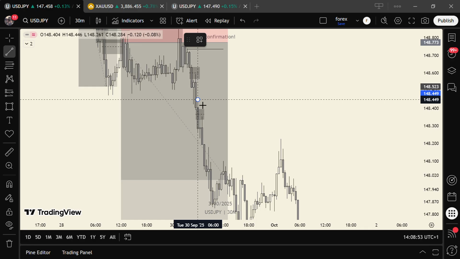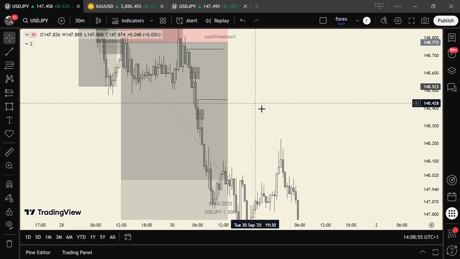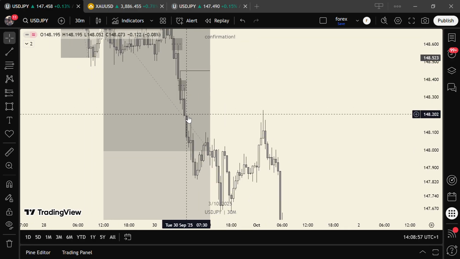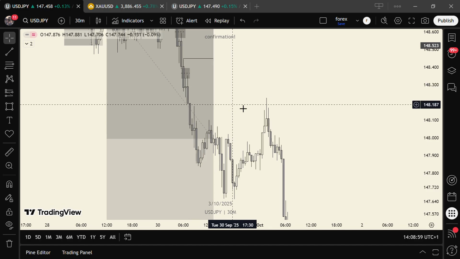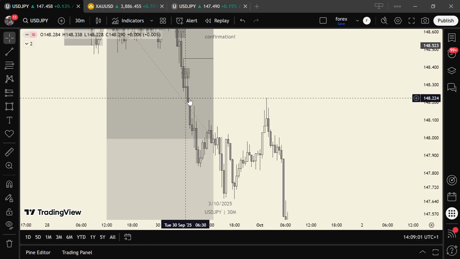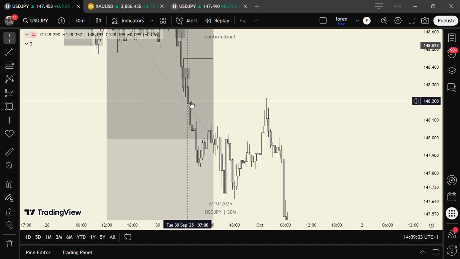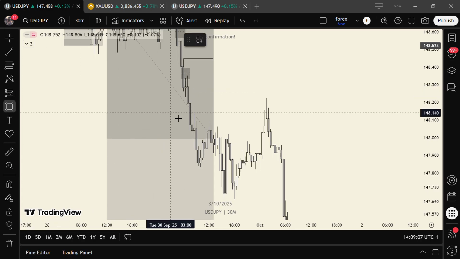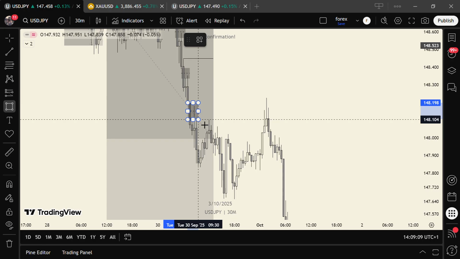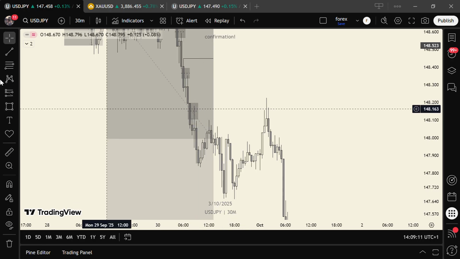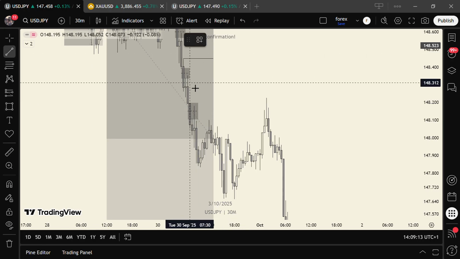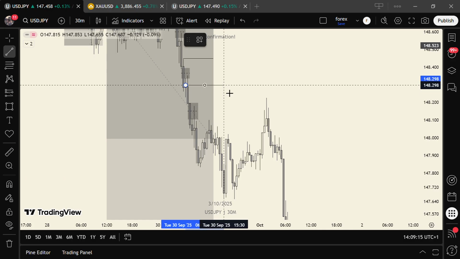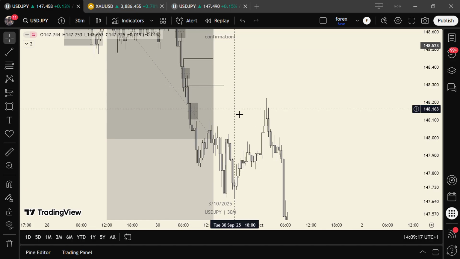Definitely your stop loss would be right there, right. And then you see price moved again. I wouldn't really call this one a fair value gap. I feel like it's not a valid fair value gap, but this right here is a valid fair value gap. But even so, if you're entering on this one, I would recommend still having your stop loss somewhere up here to be on the safe side, right.